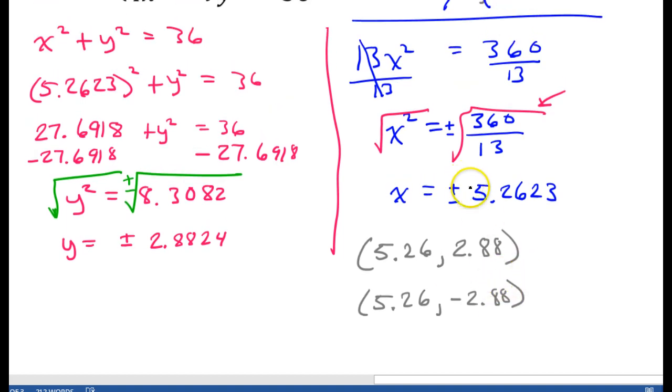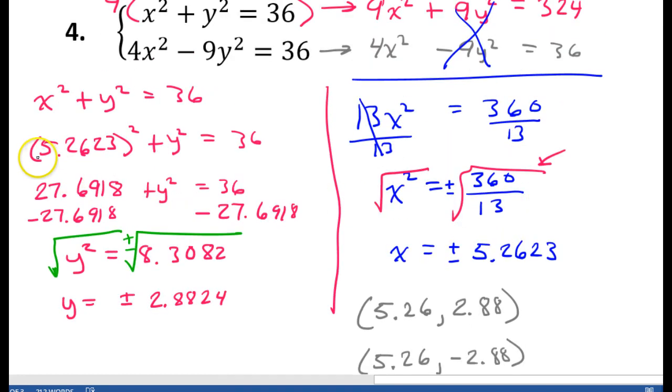Now, if I had substituted negative 5.2623 instead of positive, I would have gotten the same values for y, because if this had been negative, you squared it, it would have become the exact same thing, and the rest of the problem would be the same. When you square something, it becomes positive anyway.